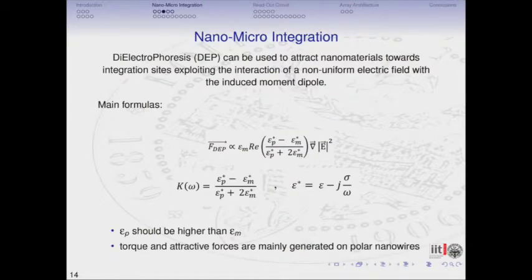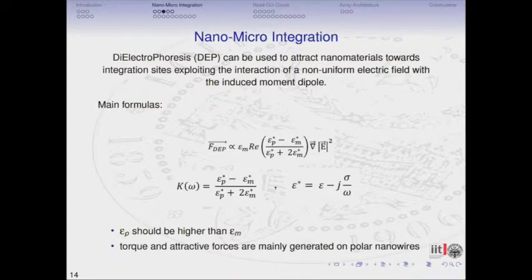The widely diffused approach to integrate nanomaterial with metal electrodes is the dielectrophoresis technique that exploits a non-uniform electric field to attract the nanomaterials suspended in a solvent, so they are dispersed in solution.